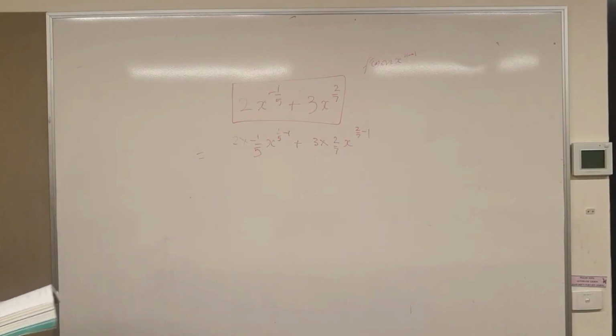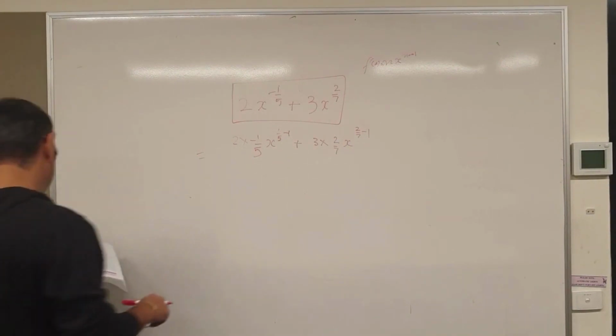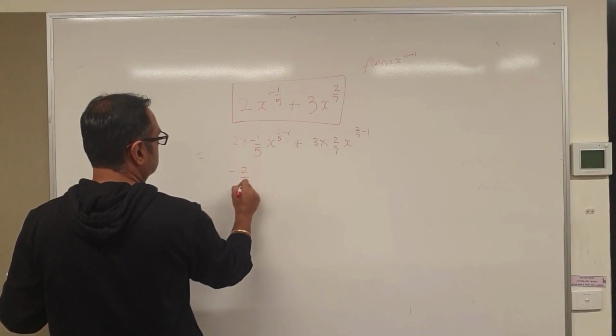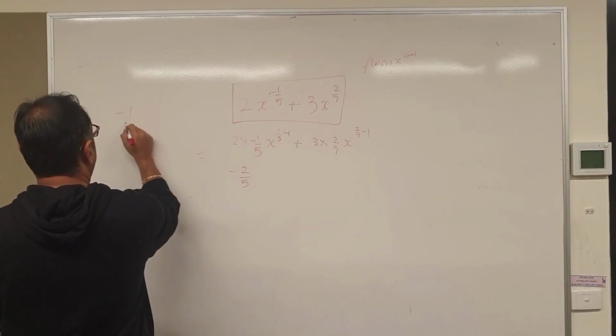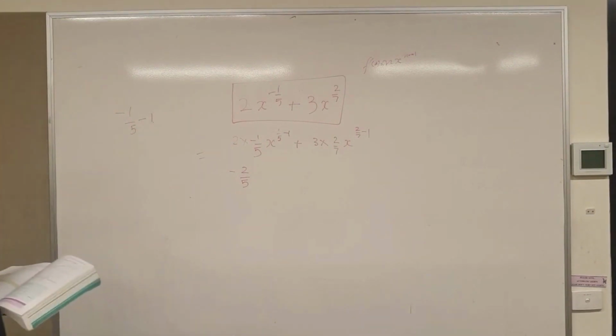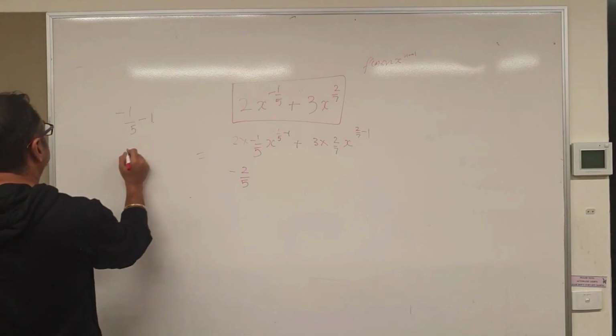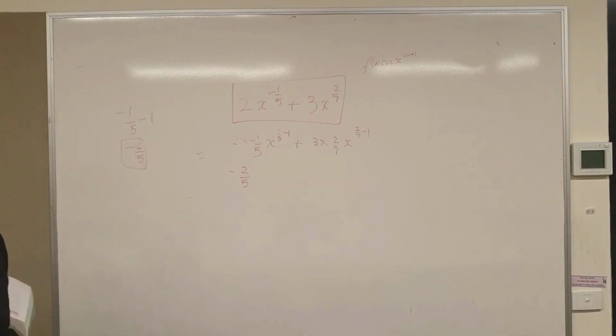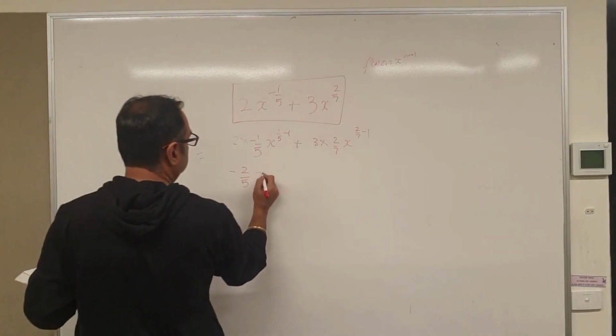Did you do this, remember? So how on earth did you get the answer? This became negative 2 over 5. Now, negative 1 over 5 minus 1 is what? Negative 6 over 5. And 99.9% this is where you've gone wrong.